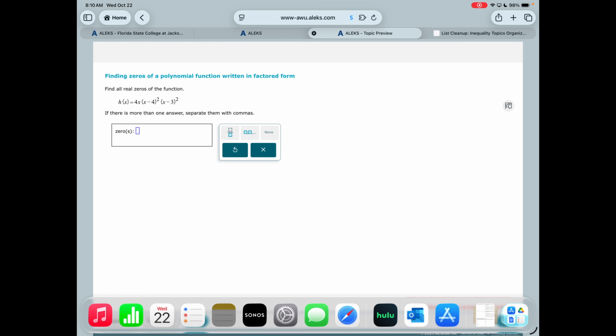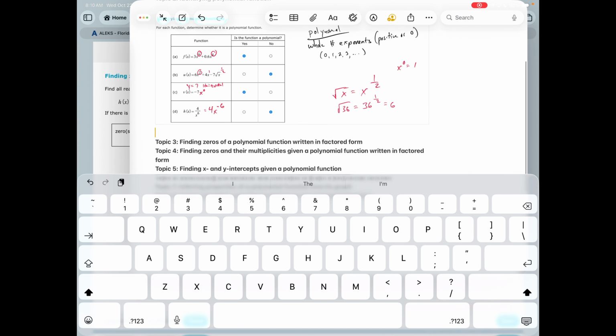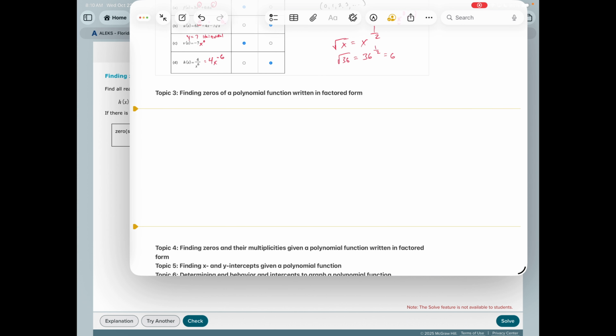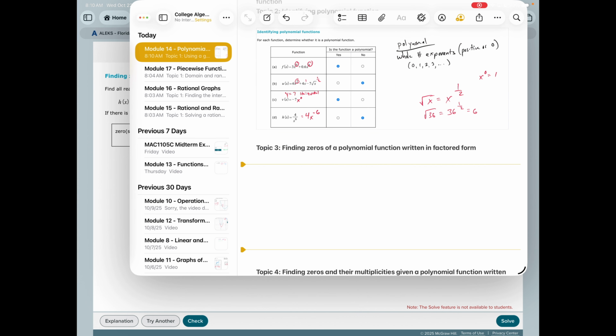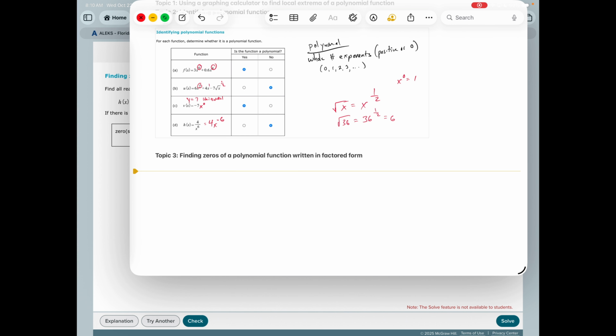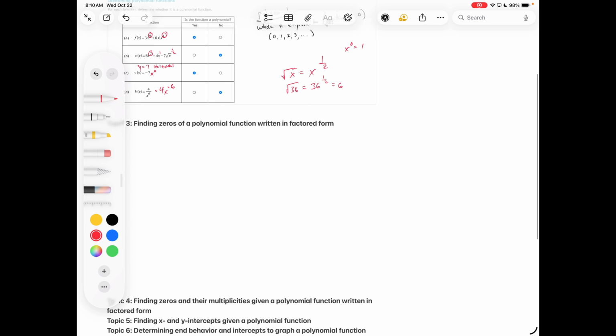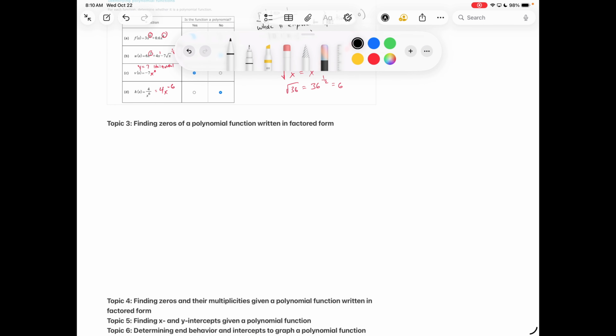X minus 4, x minus 3. Okay, on this one, it says find the zeros.